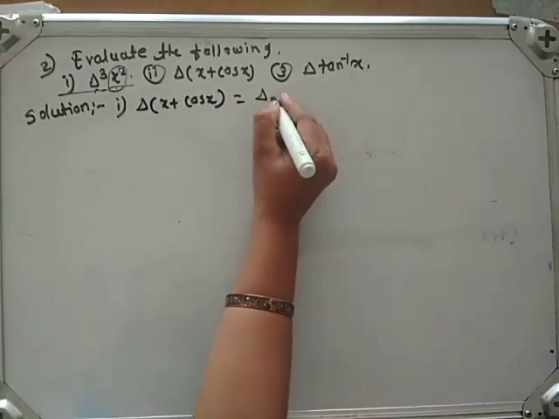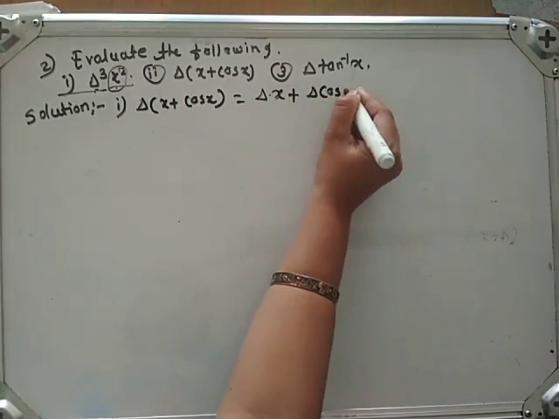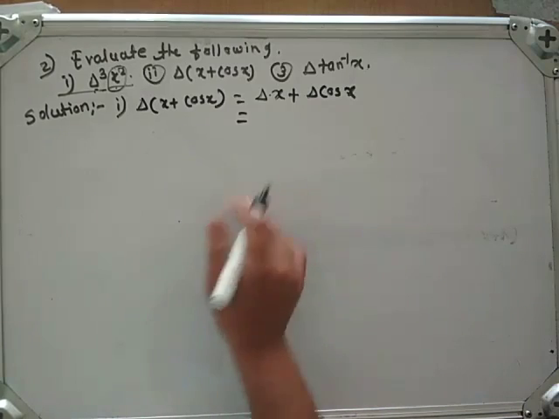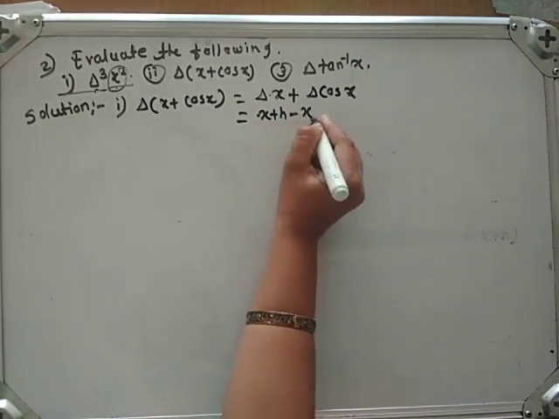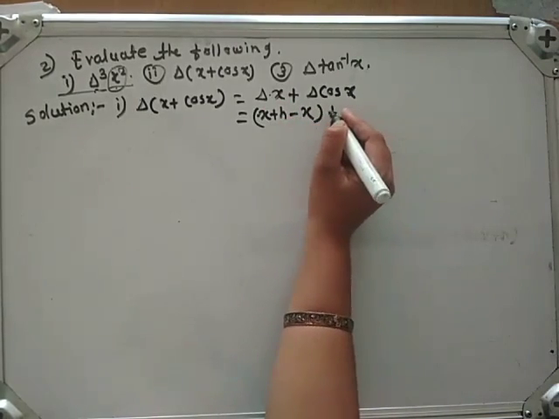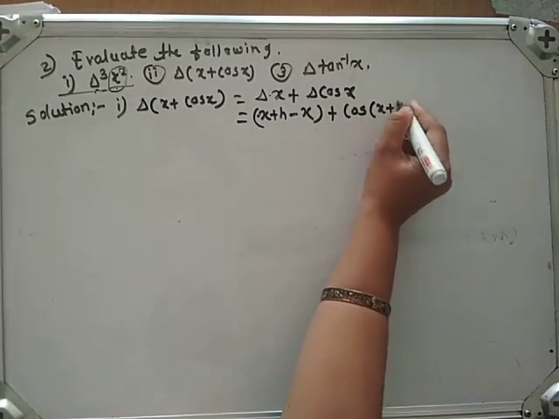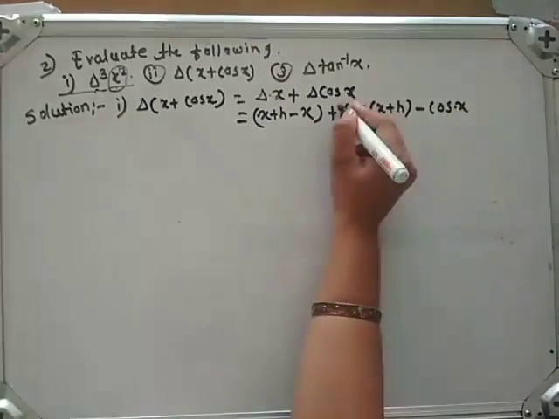So it is delta of x plus delta of cos x. Delta of x is nothing but x plus h minus x, plus cos of x plus h minus cos x.